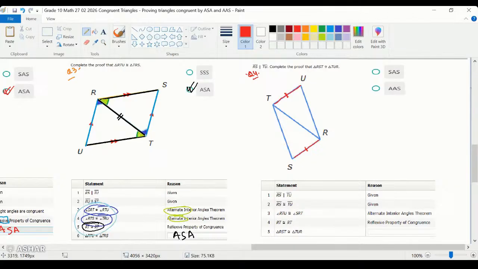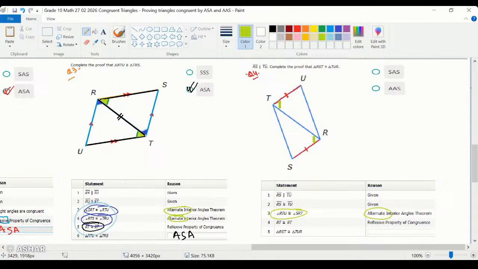Okay. They're also saying alternate interior angles. We just saw what alternate interior angles were in the previous question. They're saying RTU is alternate to TRS, SRT, right?